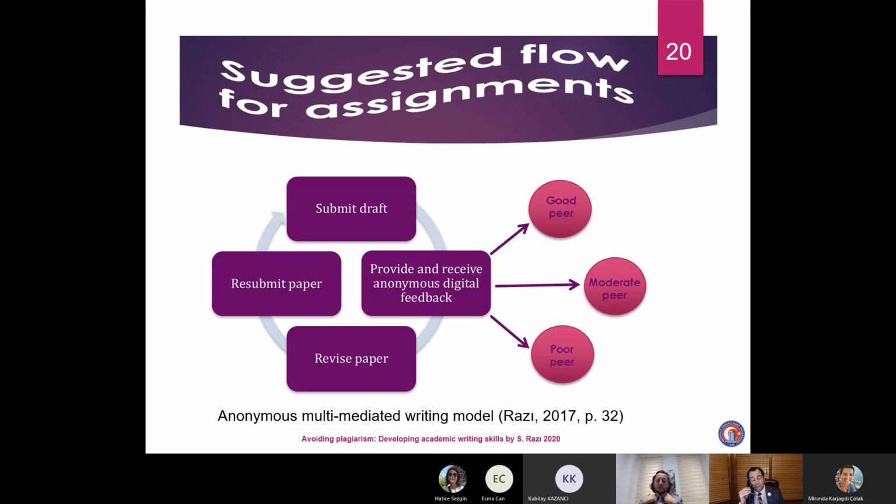So as the author of the manuscript, it is going to be our responsibility to decide what to do with this feedback. So here I encourage my students to decide what to do.